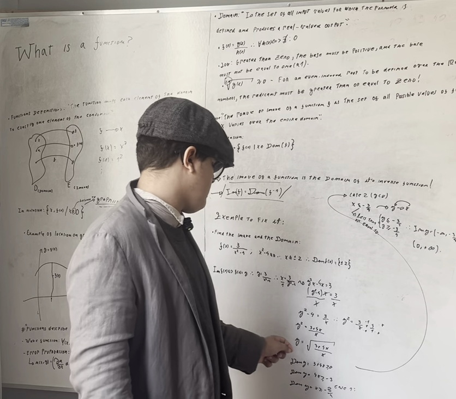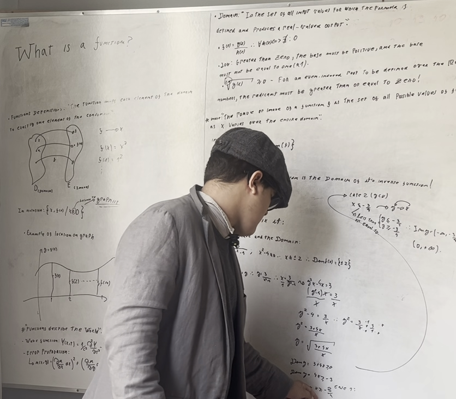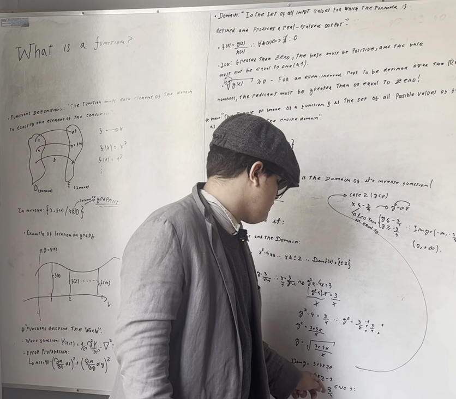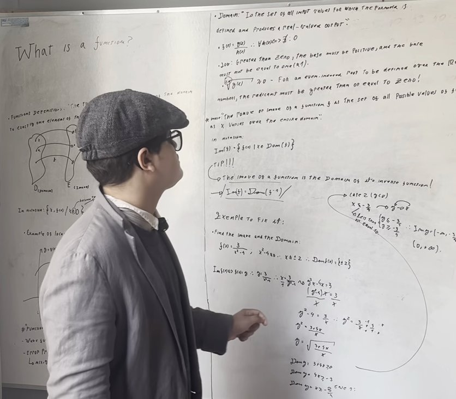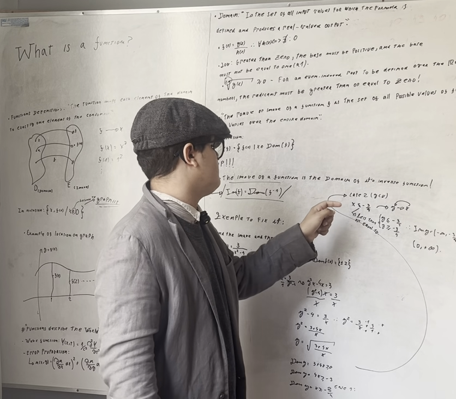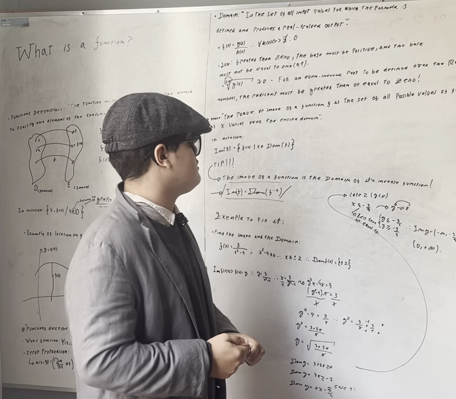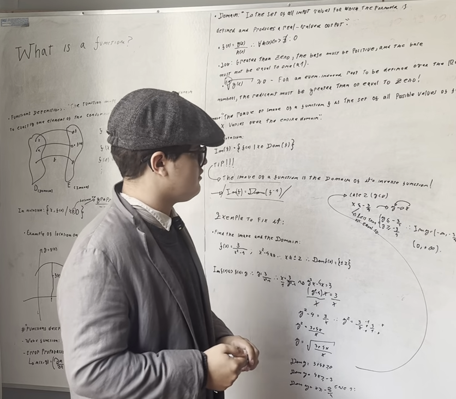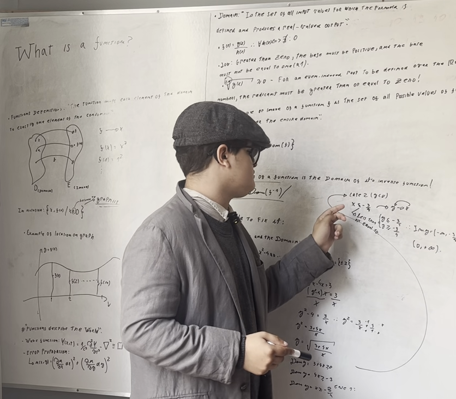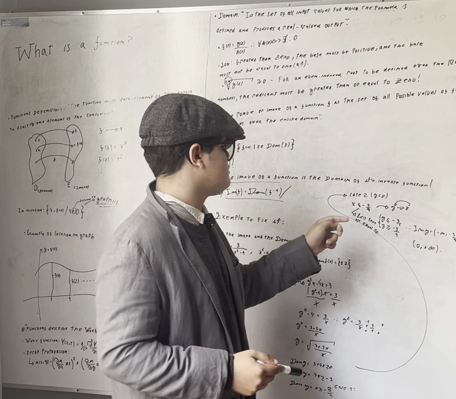So doing this calculation, we will find x greater or equal to minus 3 over 4. And you have case 2, when x is less than 0. So x less or equal to minus 3 over 4.